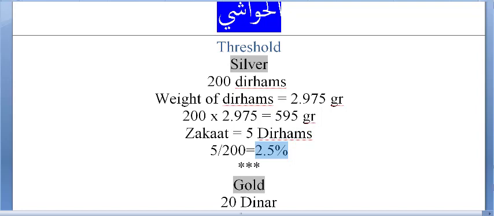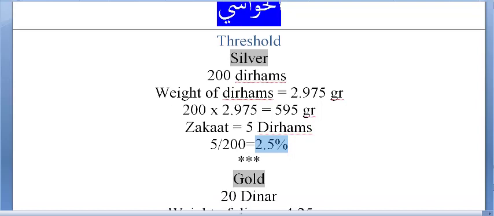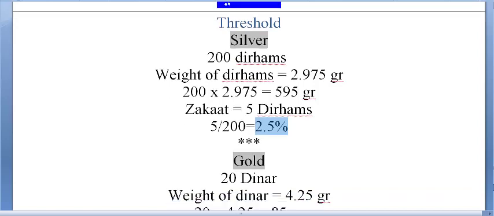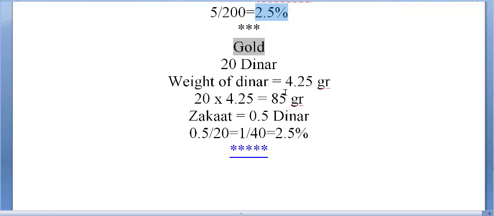Let's go to gold: 20 dinars. At the time of the Prophet ﷺ, what was the weight of the dinar? Because we don't use a dinar today. The dinar was 4.25 grams. 4.25 times 20 is 85 grams.